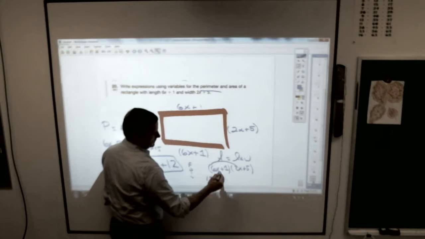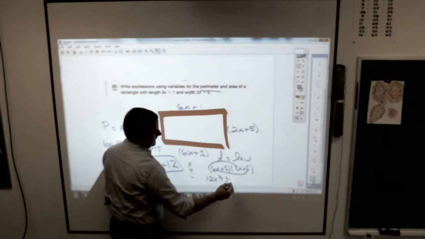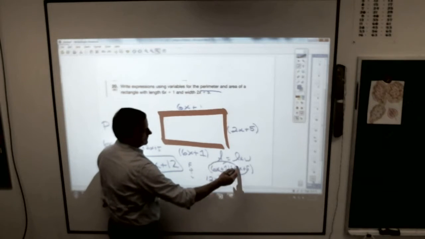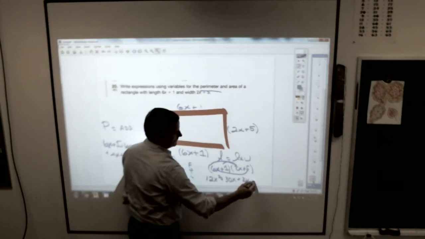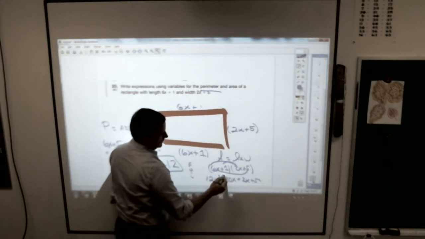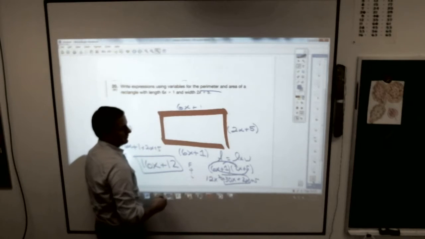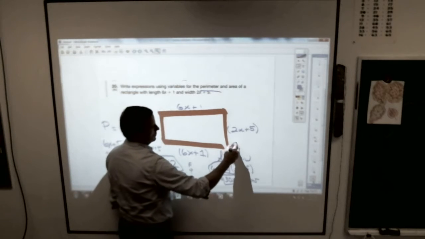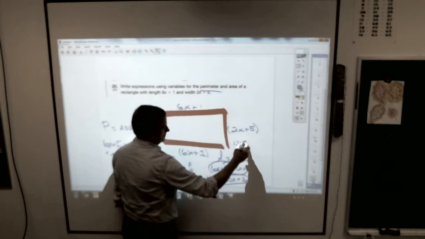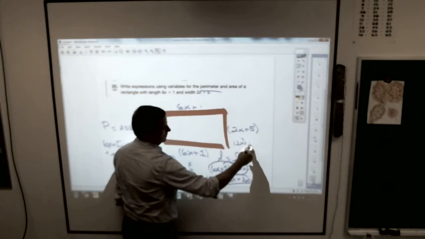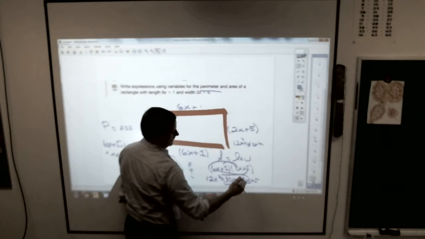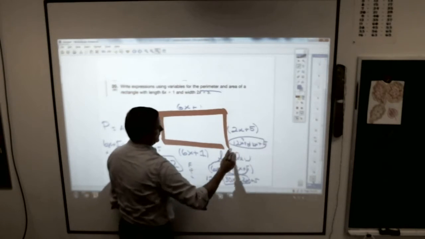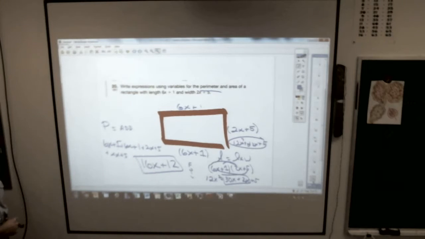The outside terms, 6x and 5 is 30x. The inside terms, 1 times 2 is 2x, and the last term, 1 times 5 is 5. Generally speaking, the middle two terms are going to combine. You get 12x squared plus 32x plus 5. That's a good answer then.